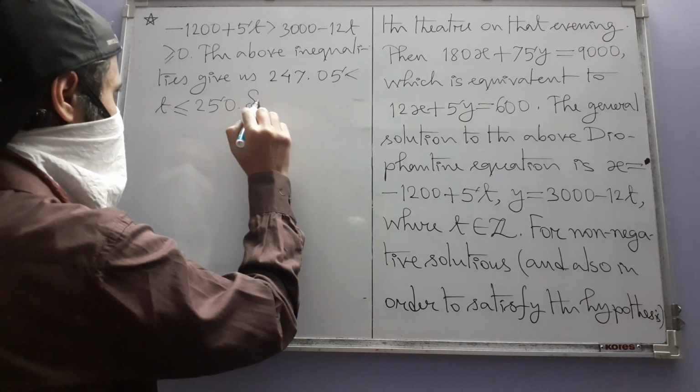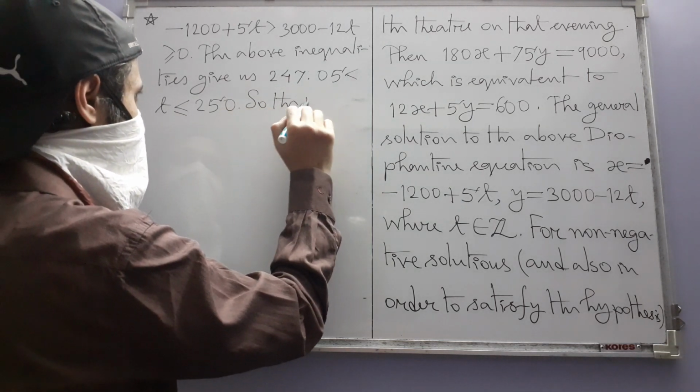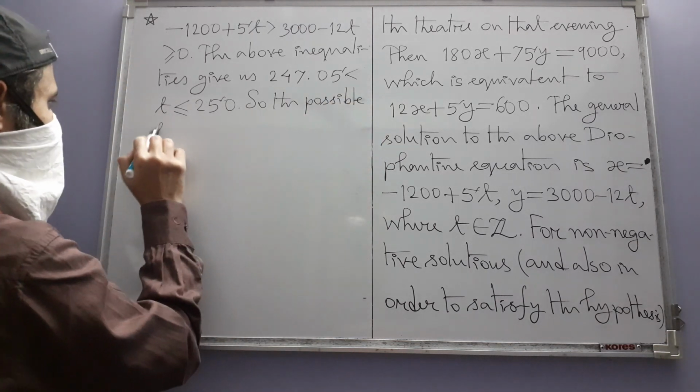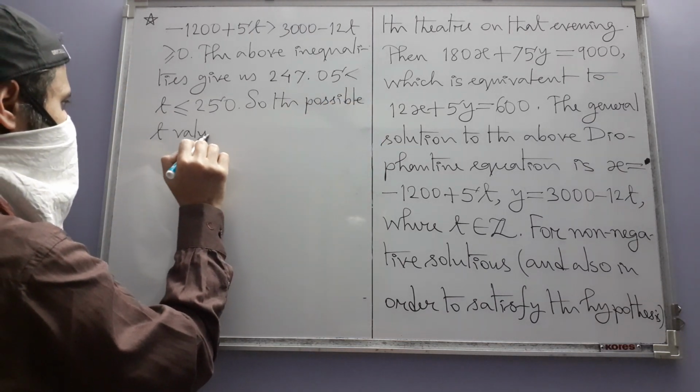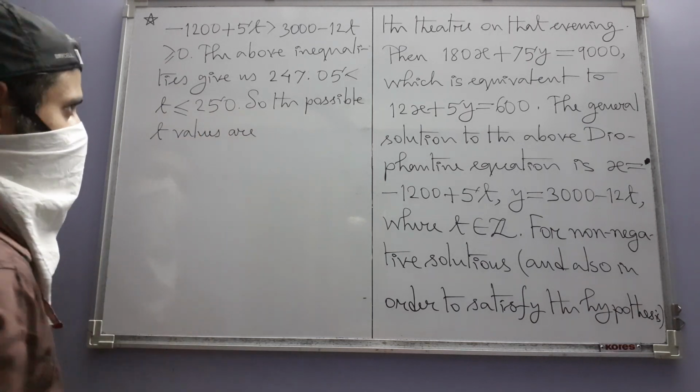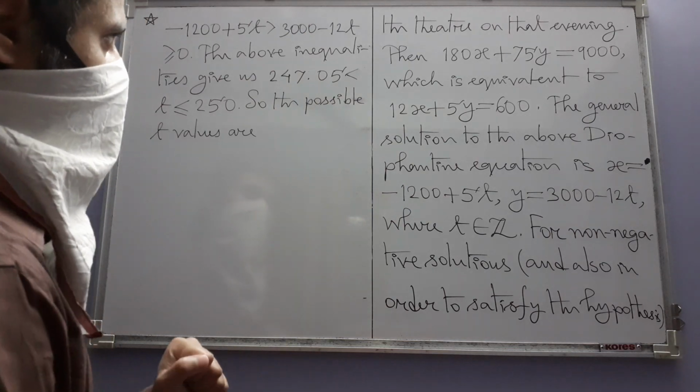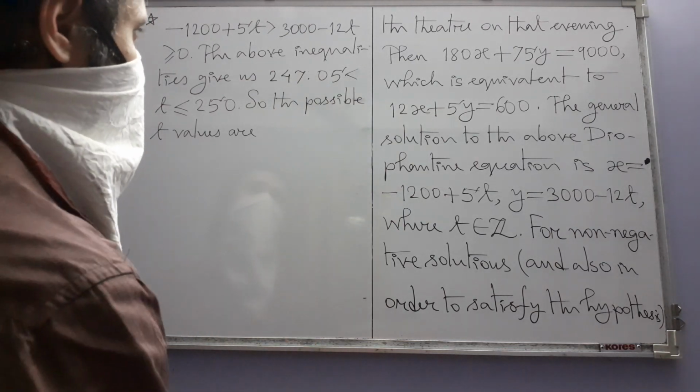So the possible t values are going to be what? It should be greater than 247, in fact 247.05.